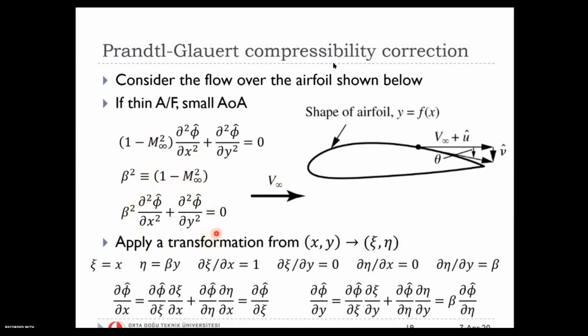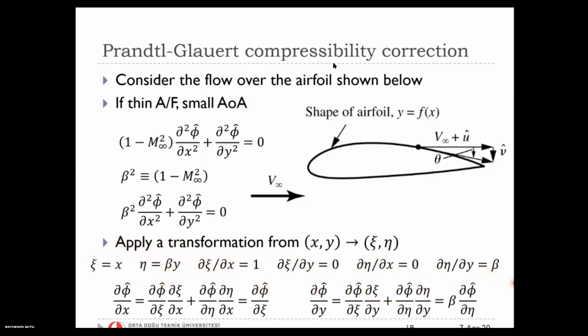Now let's apply a transformation from the xy coordinate system to the psi eta coordinate system, such that psi equals x and eta equals beta times y. You can also calculate yourself the d psi dx, d psi dy, d eta dx, d eta dy for these mapping relations.